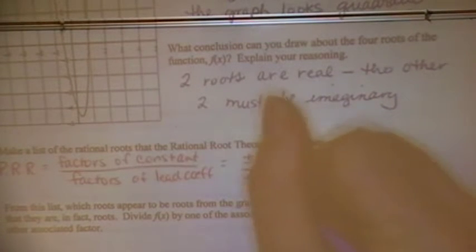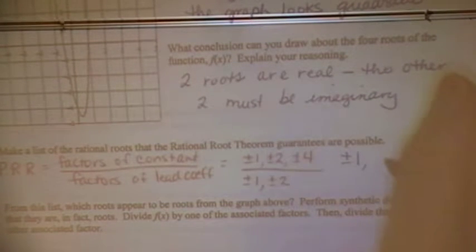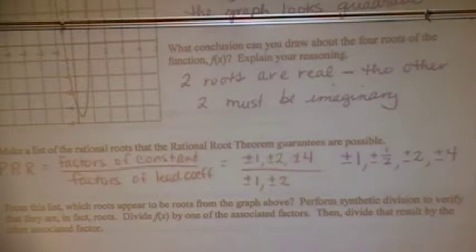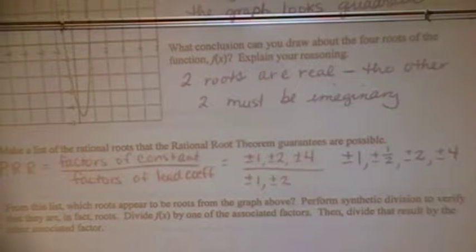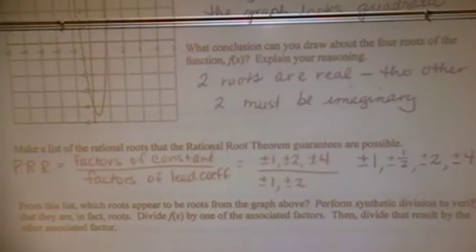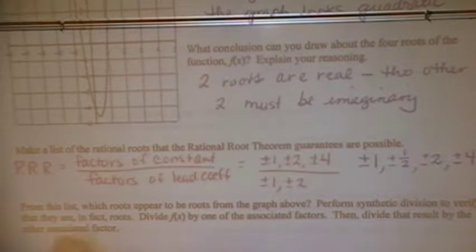So my list, 1 over 1 is a 1, and 1 over 2, 2 over 1. Okay, so from my list, obviously 1 is one of them. So I can synthetically divide with that.